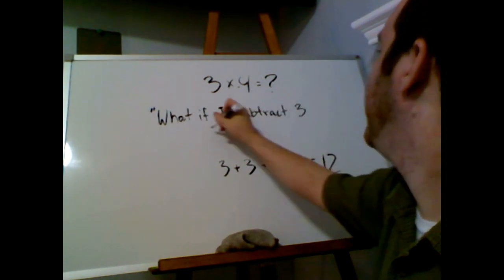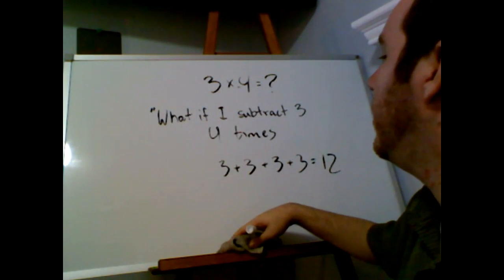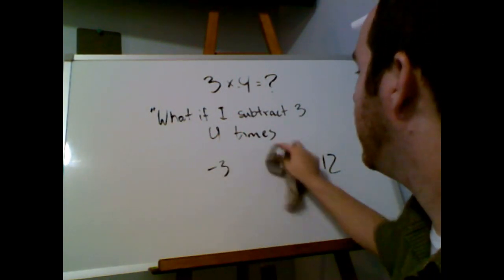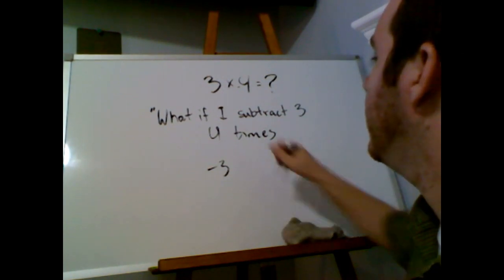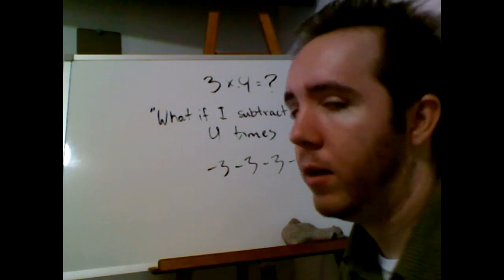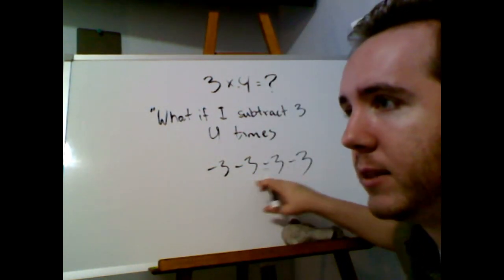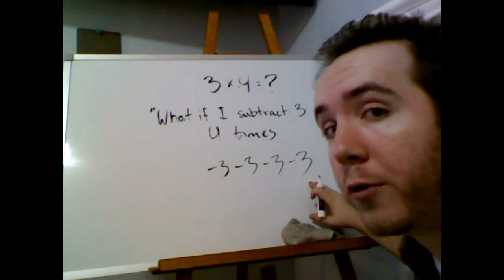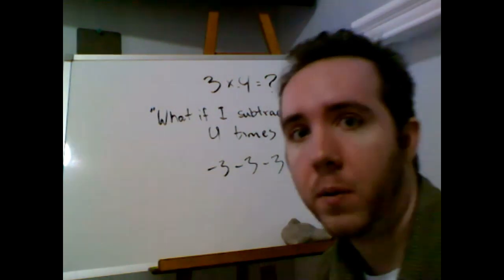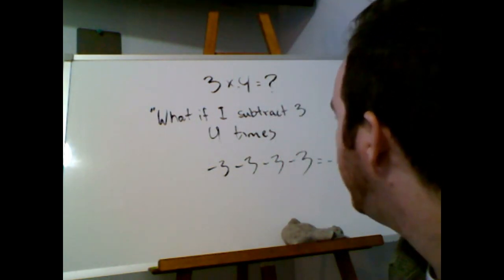What if I subtract 3 4 times? Right? And so I'm going to subtract 3, subtract 3, subtract 3, subtract 3. So the first time we get negative 3, then negative 6, negative 9, negative 12. So what if I subtract 3 4 times? You get negative 12.